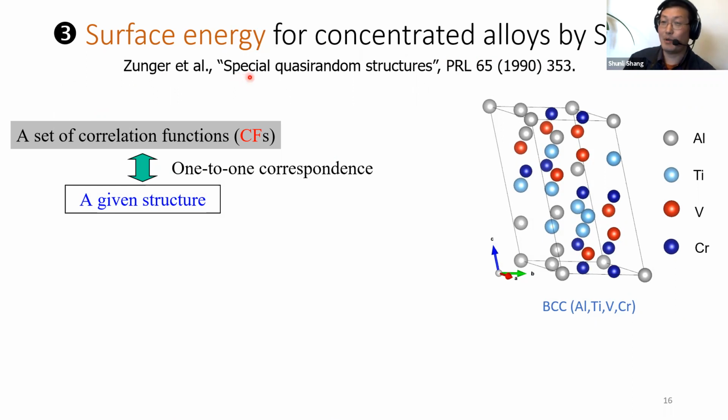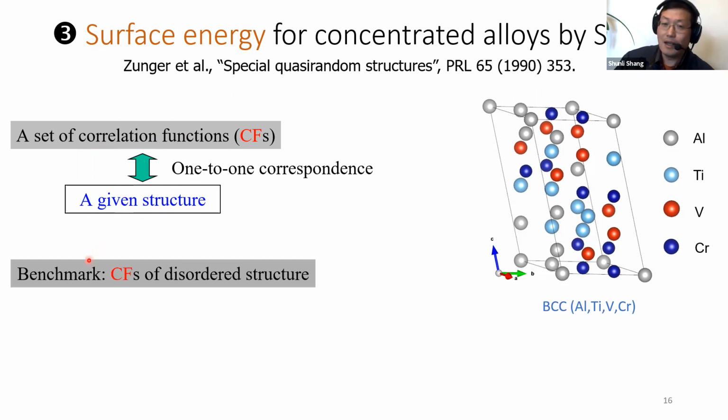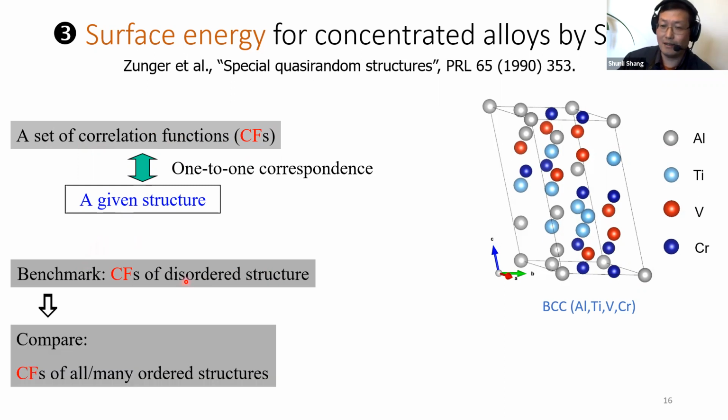It means special quasi-random structure. The idea is that the correlation function is a set of numbers, and a set of correlation numbers corresponds one-to-one to a given structure. For any structure there is a correlation function, and for a disordered structure, we can also easily calculate it.